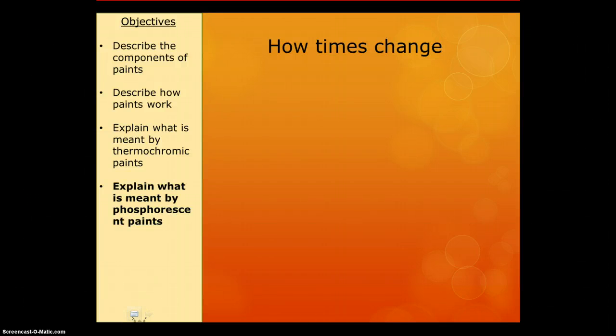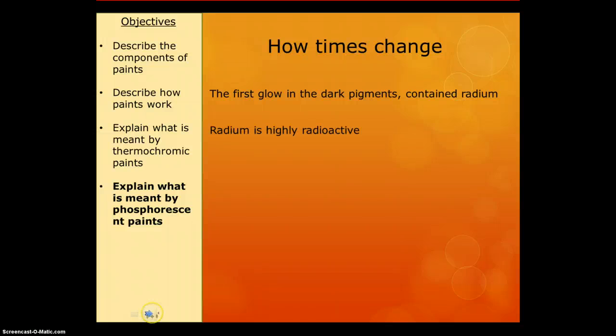So the interesting thing about phosphorescent paints is that they've been around for quite a while, since about the 1950s actually, but the paints that we use now are completely different to the paints that we used back then. The very first glow-in-the-dark pigments contained radium. Now, I don't know if you know, but radium is highly radioactive.